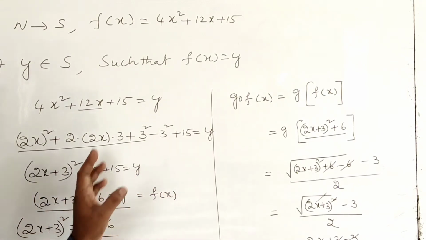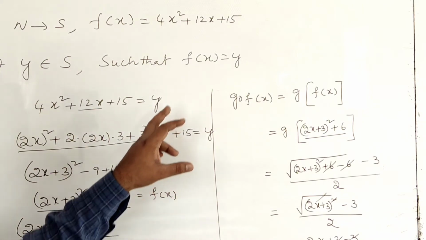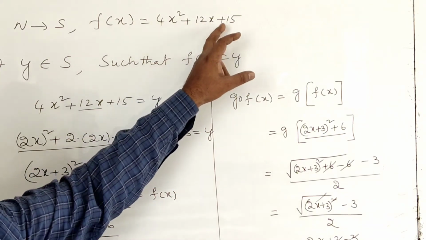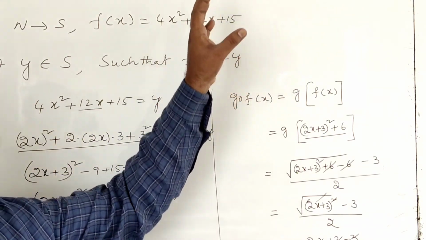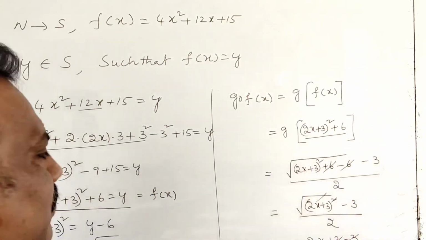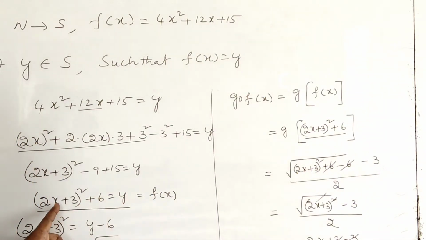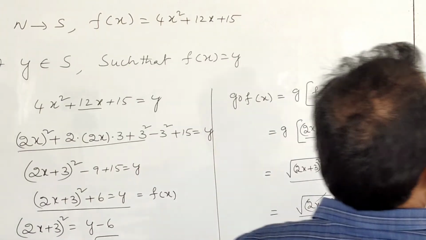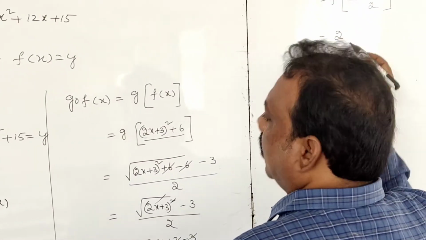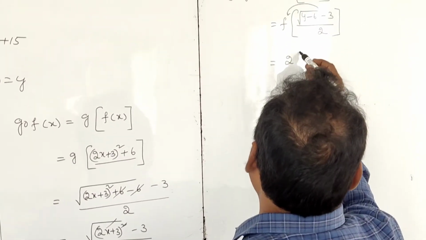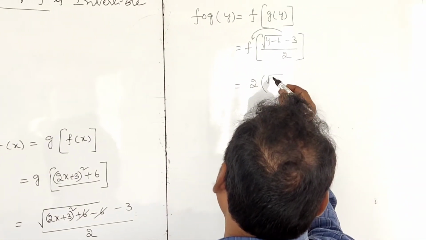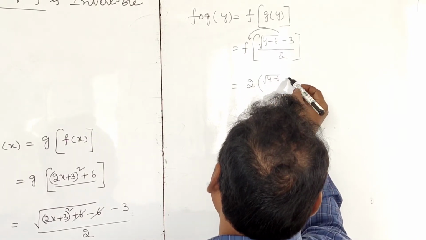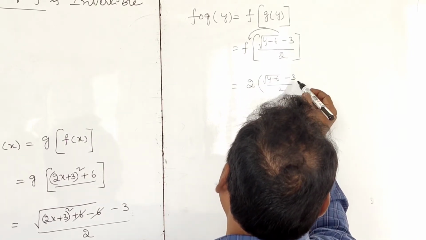It will get easy. Here we have to substitute in x square place and x place, so the simplification is a little bit difficult. That's why you can substitute here. You have only one x. Easily you will get the answer. So where is x? There we are going to replace. So 2, first 2. After that we have x, in x place this entire value, root over y minus 6 minus 3 upon 2.